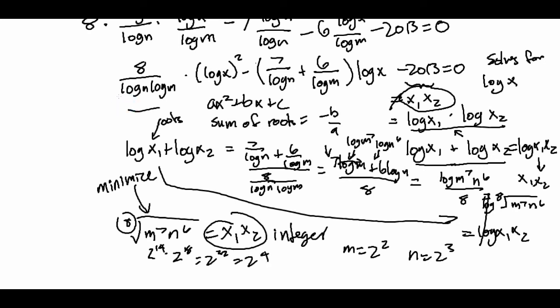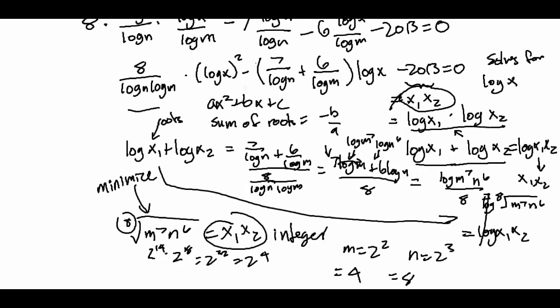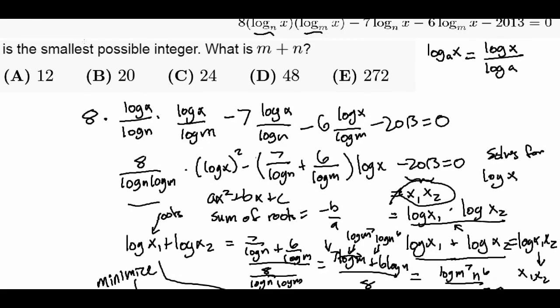Seems to work out. So this is 4, this is 8, and the question asks for m plus n. So 4 plus 8, the hardest part of this question is adding them up. It's 12. That's the answer, and thus the answer seems to be A.